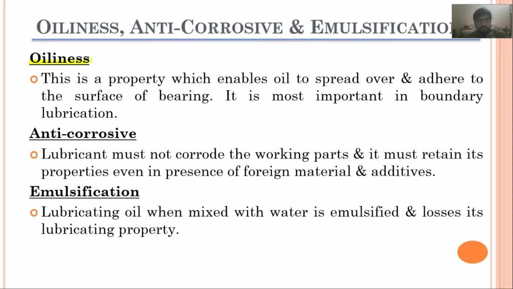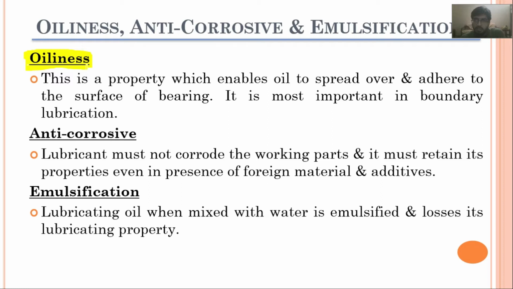Next we have oiliness. Again, this oiliness basically is directly proportional to the film strength. The greater the oiliness of a lubricating oil, the higher the film strength, and the higher the loads that the film of a lubricating oil between the moving components can bear. So this is a property which enables oil to spread over and adhere to the surface of bearings and all the moving components.